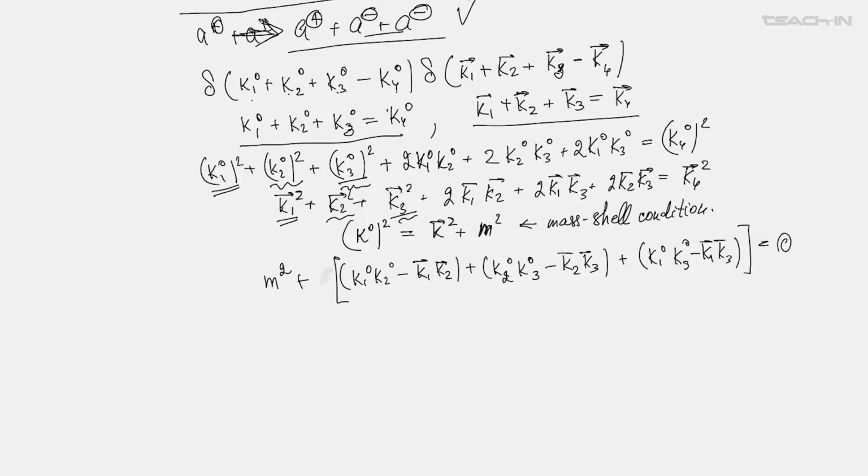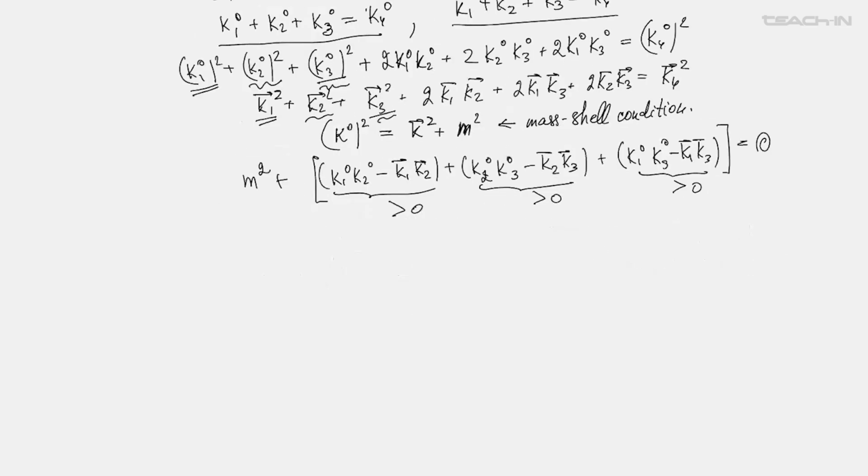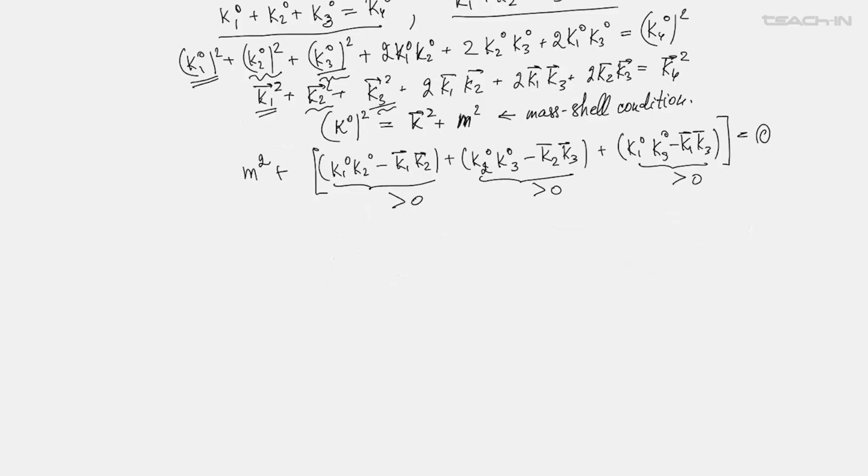And my statement is that now you can see that every term in this bracket is strictly positive, and so this equation is never realized; it has no solution. And why is this positive? For this reason. If you take Ki0 Kj0 minus Ki Kj, then this is the following thing.